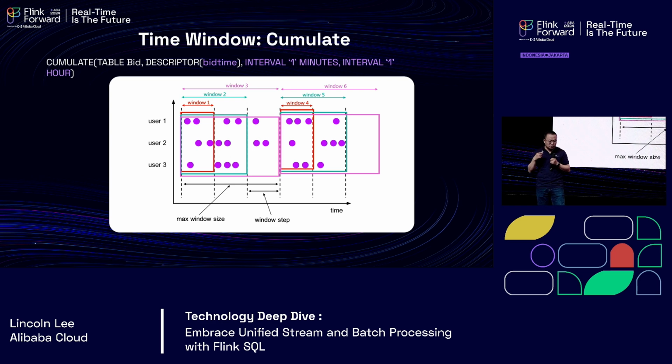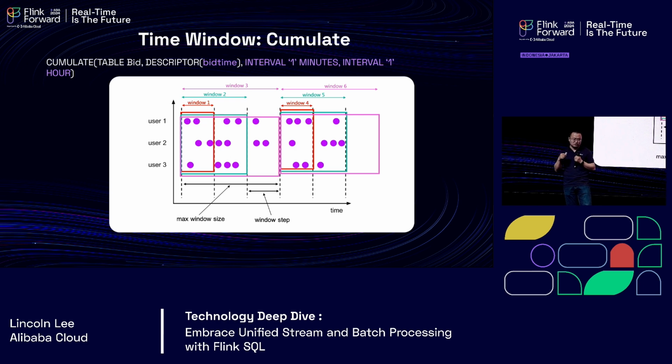And the last is the cumulative window. It is interesting in the window world. The cumulative window is different from the previous three ones. It has a total window size, the max window size, let's say 1 hour.